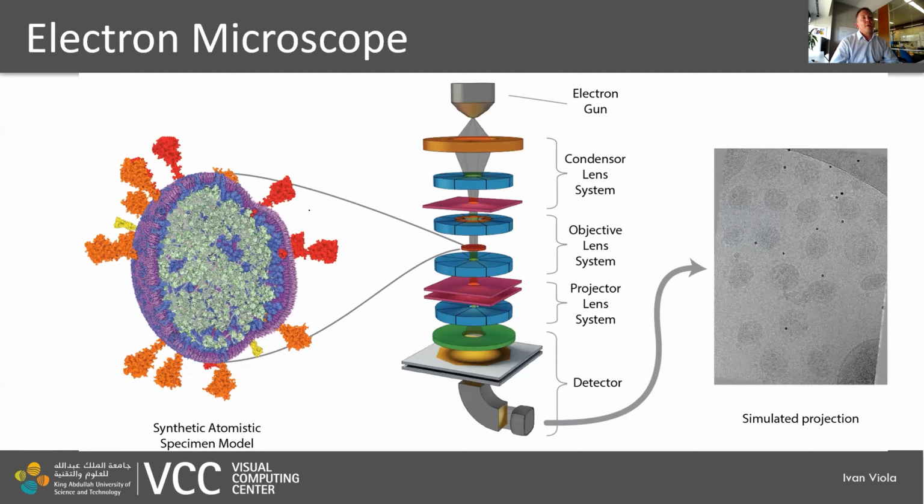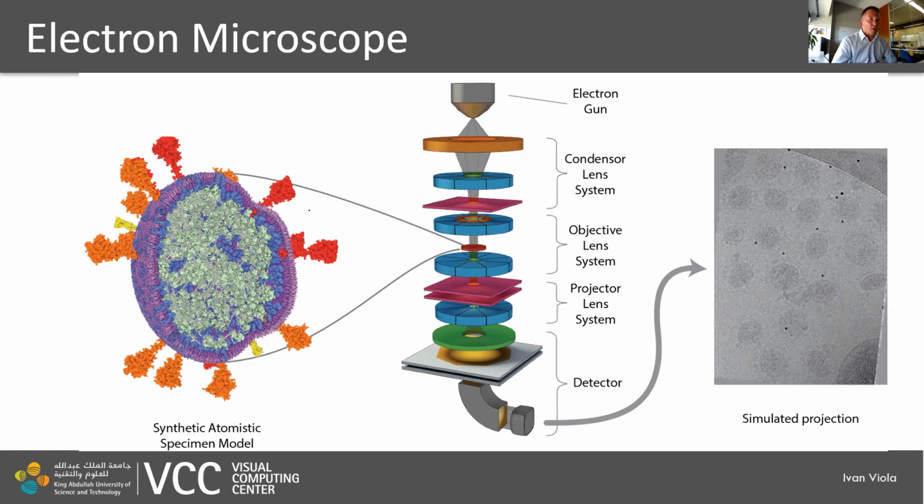Then we have the lens, but the lenses are basically coils which influence the path of the electron beam, and are able to defocus or focus it according to the voltage in these individual elements and on their other physical properties.